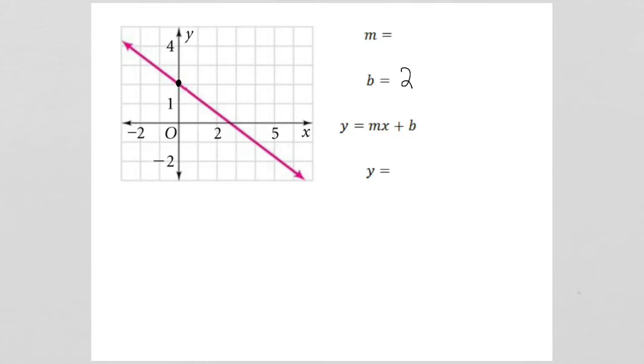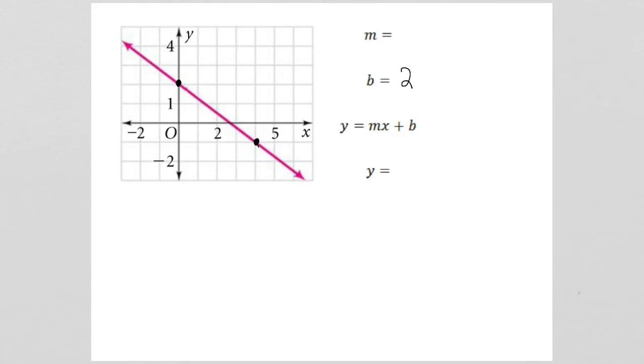Now we have to find the slope. My suggestion, since we're reading from left to right, is to find another point that is easy to read in the right direction. If we keep going, we see that this point is readable, so let's make a point here.